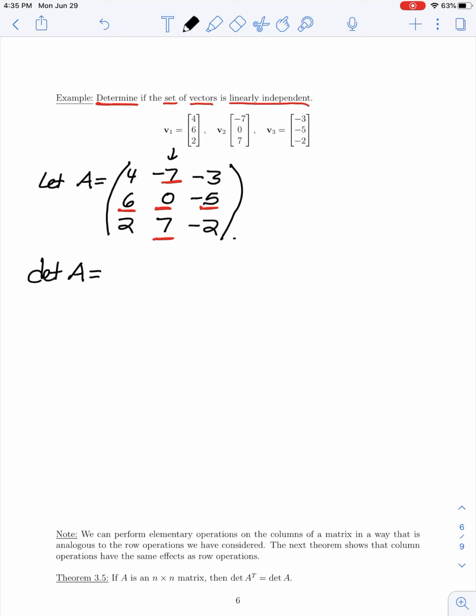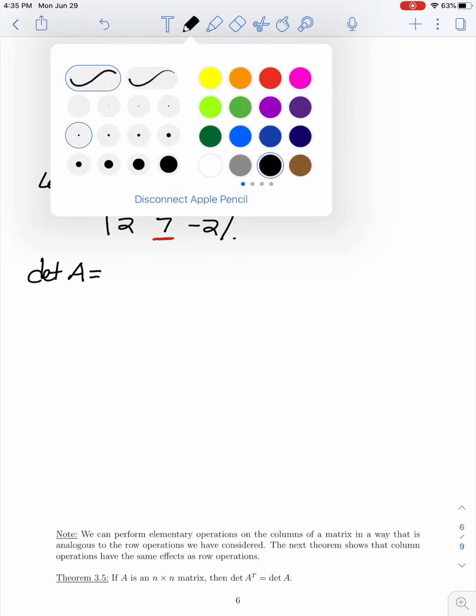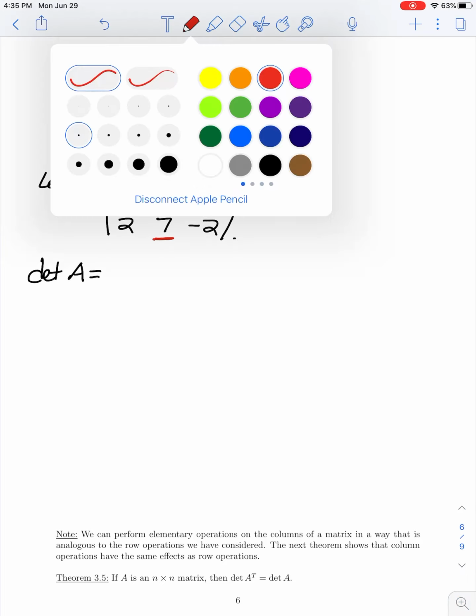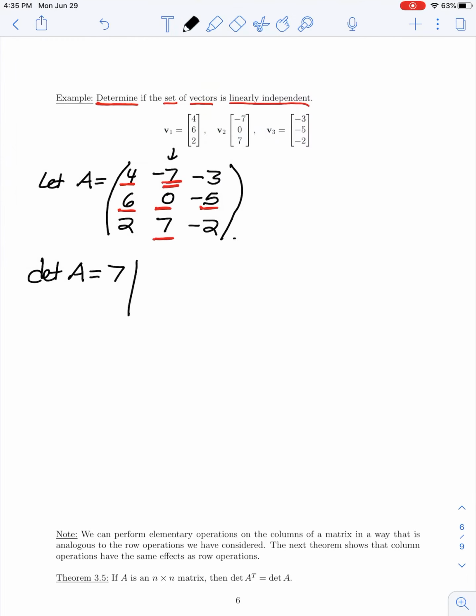Starting with our sign, we would have a plus minus, so taking the negative of this entry, -7, we have 7 times the determinant of the submatrix 6, -5, 2, 2, then plus our 0 term, and then minus our 7 times the determinant of the matrix 4, -3, 6, -5.